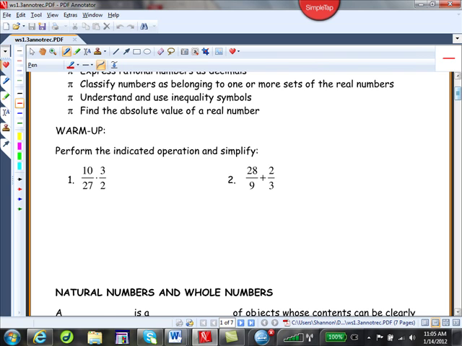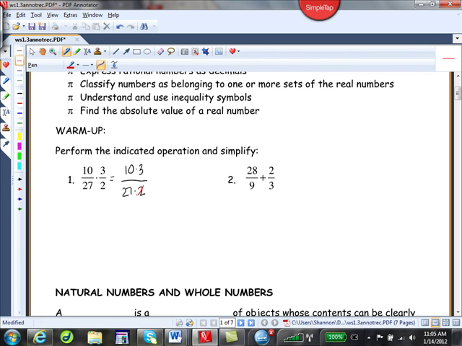So let's see how you did. Oh, here we go. If you remember from last time, we can go ahead and write this as one happy fraction where we're multiplying the 10 times the 3, and that's being divided by the 27 times the 2. Now notice I didn't multiply them out because I recognize that the 2 will divide out some of the 10 and that 3 will divide out some of the 27.